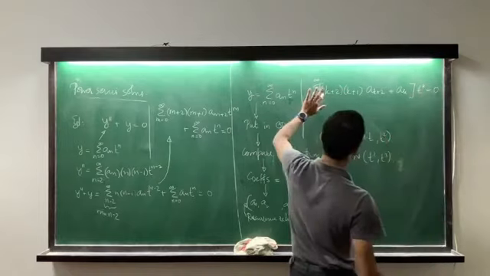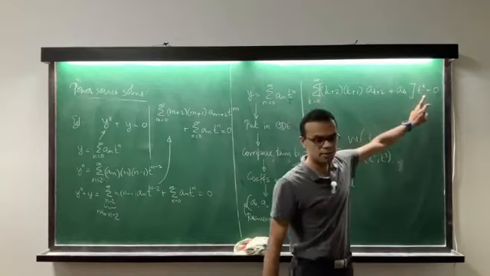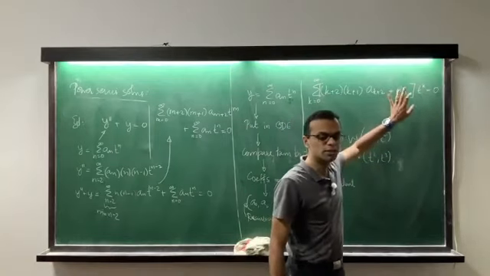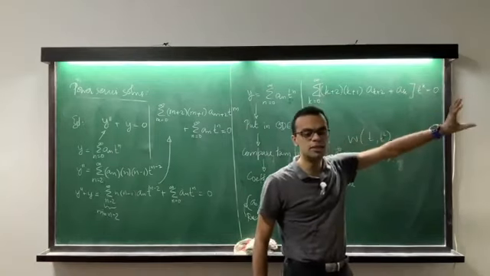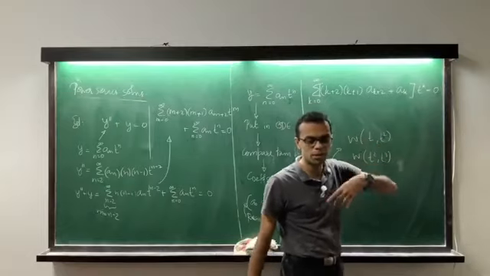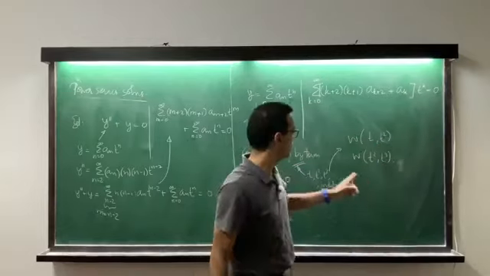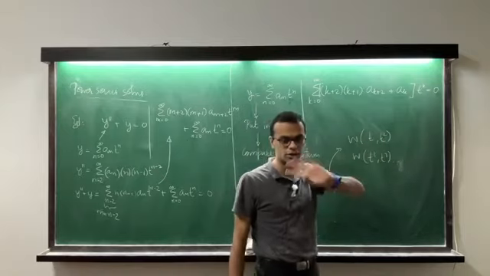So I have something that looks like some constant times 1, plus some other constant times t, plus some other constant times t squared, plus and so on, equal to 0. So each of the constants, because they are all linearly independent, has to be 0 by itself.